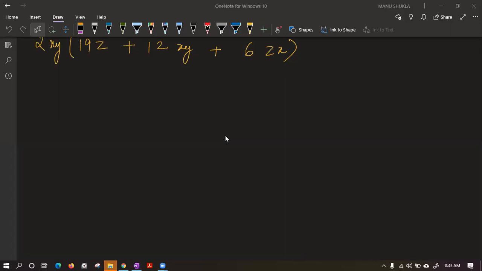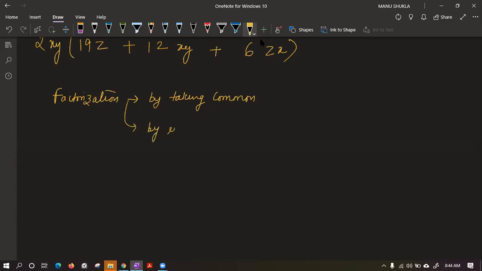In the last class, we have discussed the concept of factorization by taking common, and second, we have discussed factorization by regrouping.